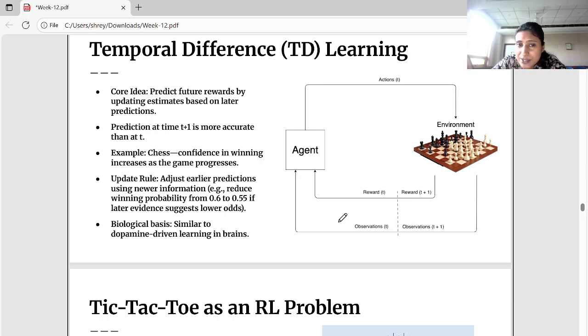So the prediction at time t+1 is more accurate than at time t. For example, in chess, confidence in winning increases as the game progresses, but there is an update rule. Whenever you are talking about temporal sequences, there will be updating. So adjust earlier predictions using newer information. It reduces the winning probability from 0.6 to 0.55 if later evidence suggests lower odds.